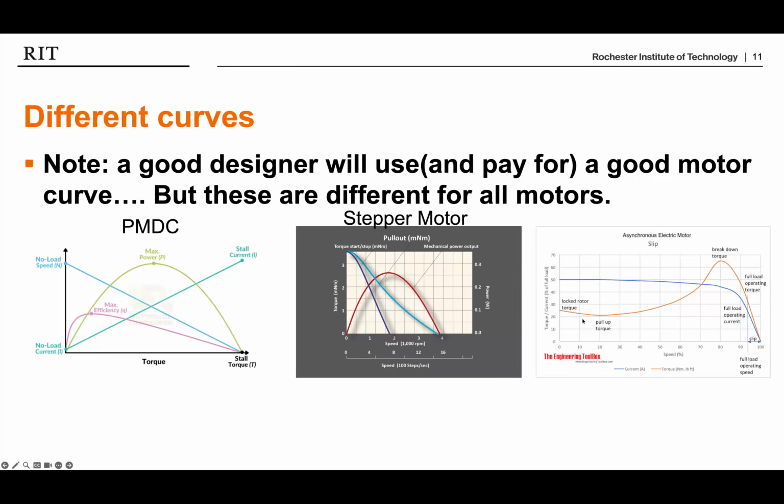And for that reason, these things have this really unique torque curve where they have this point where, again, look at speed here, you can't get a motor to move and you need some torque to overcome that. This is a locked torque. Then we have this torque at which we can really begin to increase speed. This is our pull-up torque. Then we have a torque at which we're going to exceed the motor's ability to produce anything.